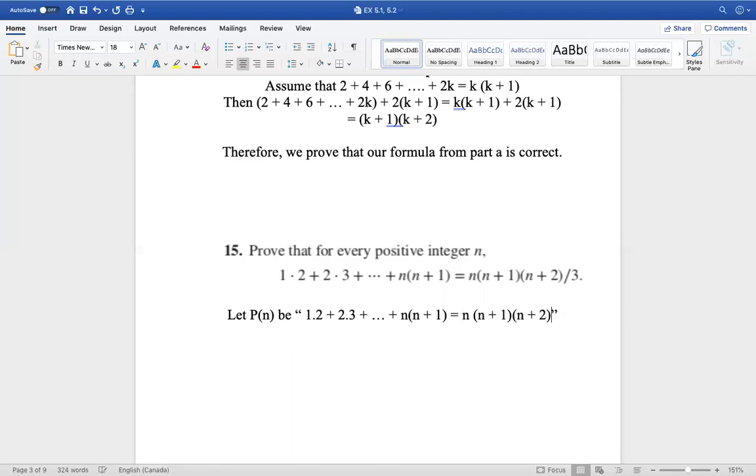So I assume that P(n) represents such an equivalence. Now, since we have defined what P(n) is, let's define the basic step.